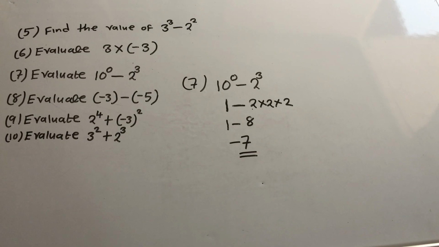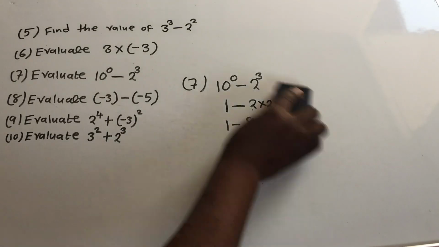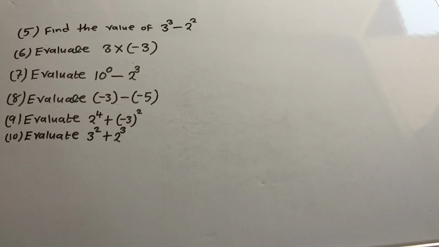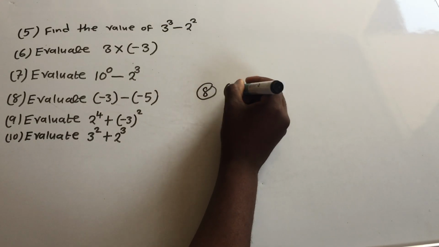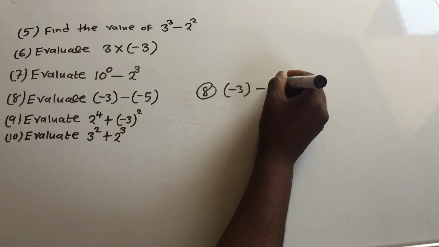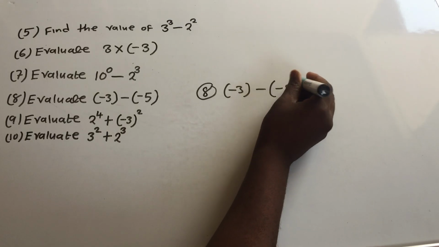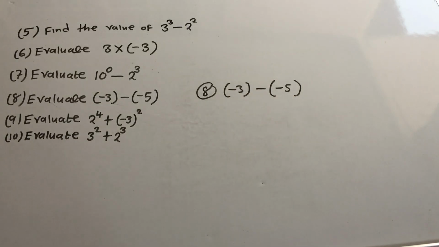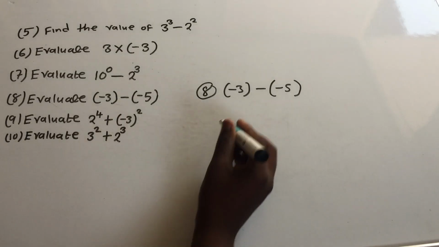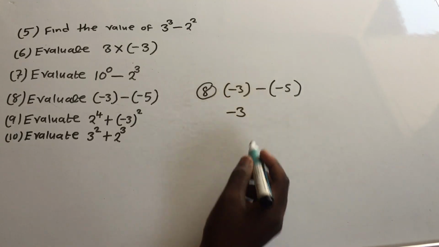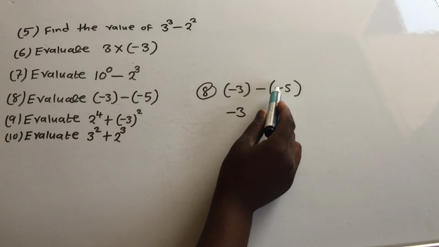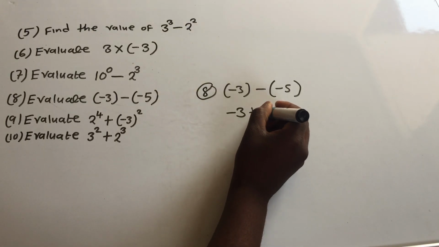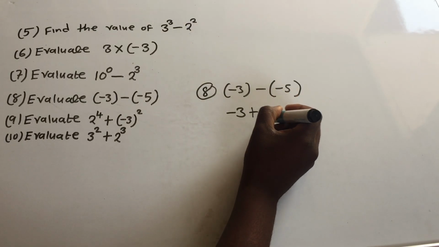We come to question 8. Question 8 reads as, negative 3 minus negative 5. You remove the brackets. So it will be negative 3, then negative times negative, which is a positive. You bring 5.